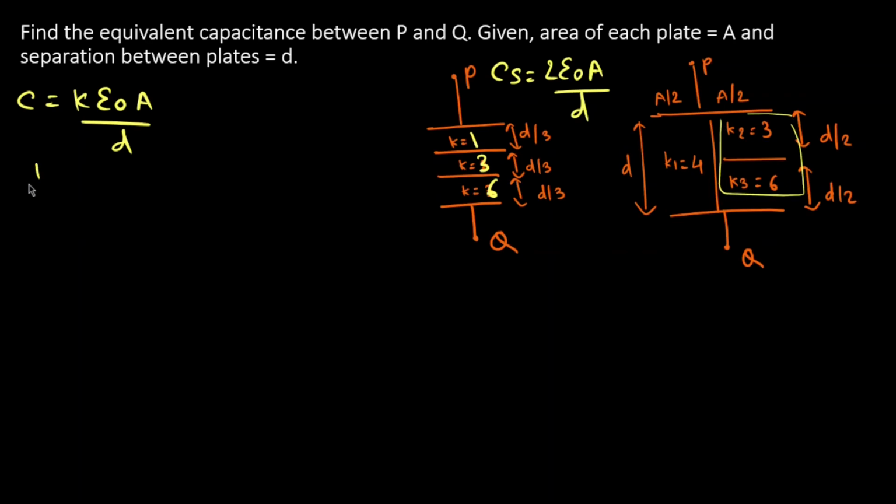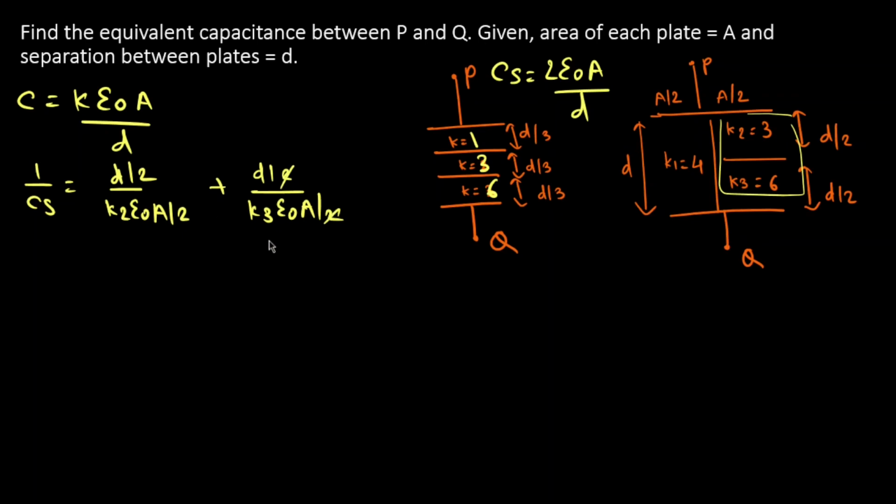So 1 by Cs will be equal to 1 by K2 epsilon naught, where the area is A by 2, upon D. Now D will go up, so D by 2, plus for the second it is D by 2 K3 epsilon naught A by 2.